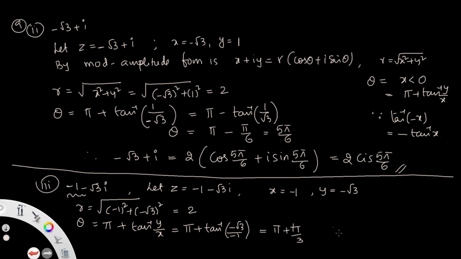Substitute in the formula, then you get the answer. That's all. This is the way of finding the complex number's modulus amplitude form.